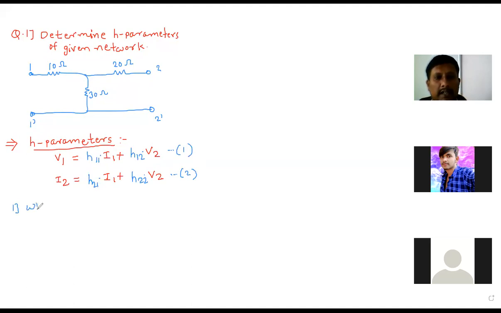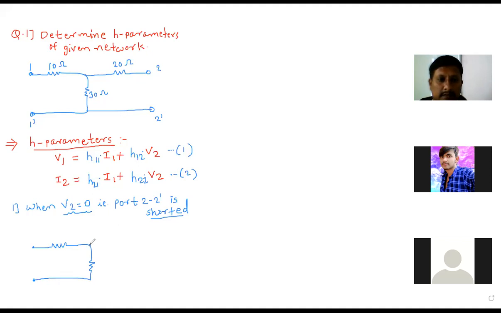First, when V2 equal to 0, that is port 2 2 dash is shorted. Accordingly, draw the short circuit across 2 2 dash.